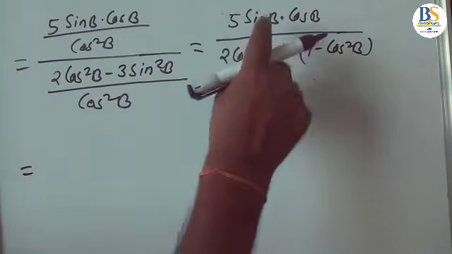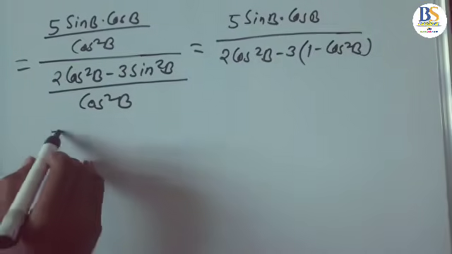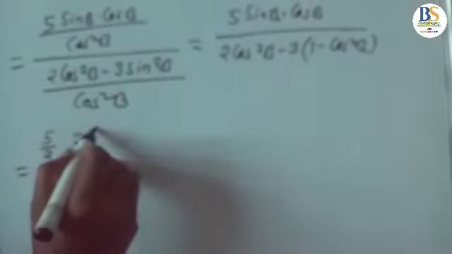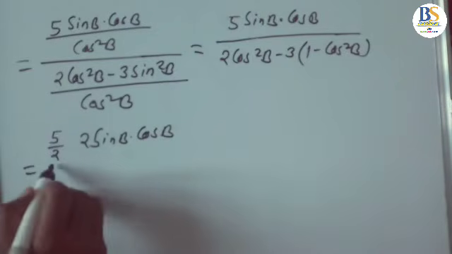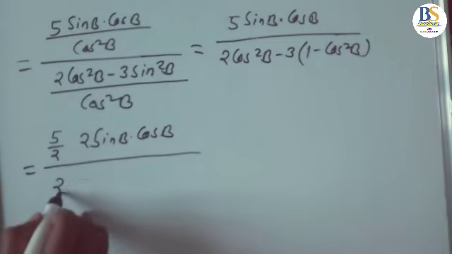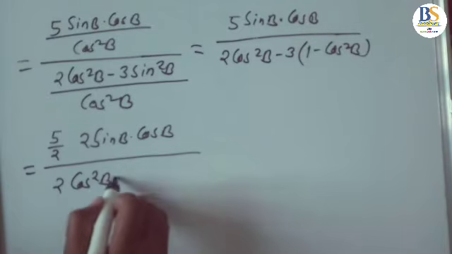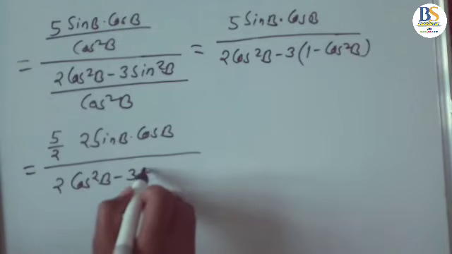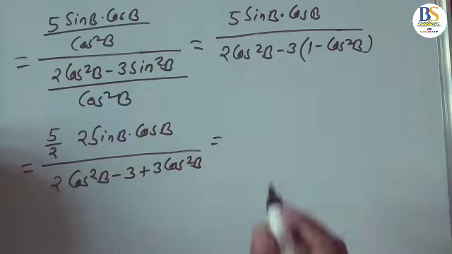To express this in formula form, we have to multiply this term by 2 and divide by 2. There is 5 upon 2, 2 sin b cos b divided by 2 cos square b minus 3 plus 3 cos square b. This is okay.